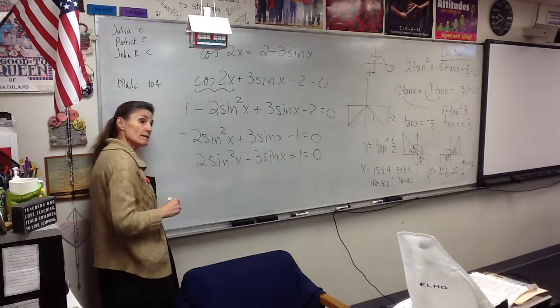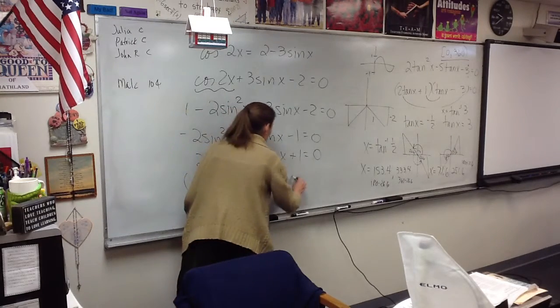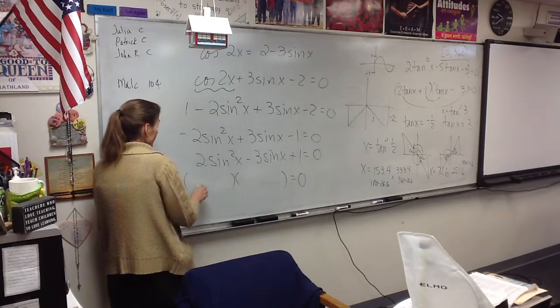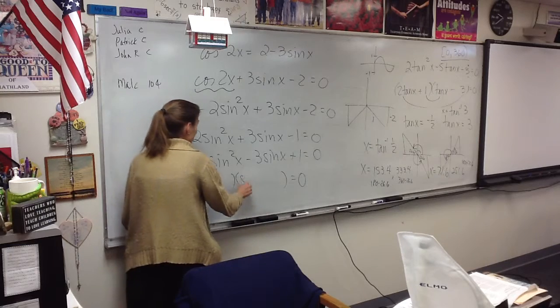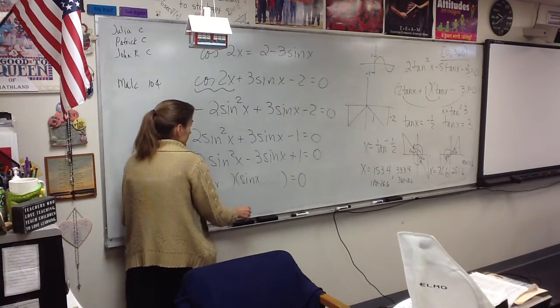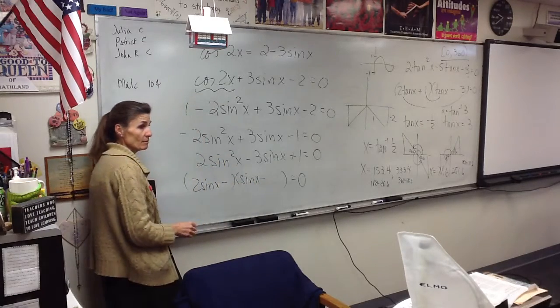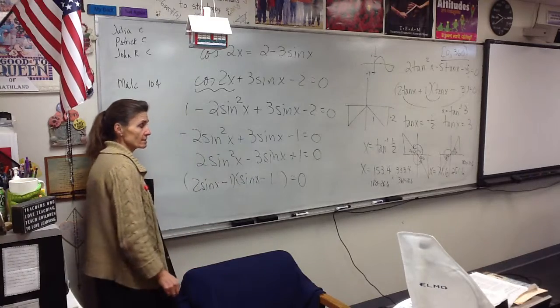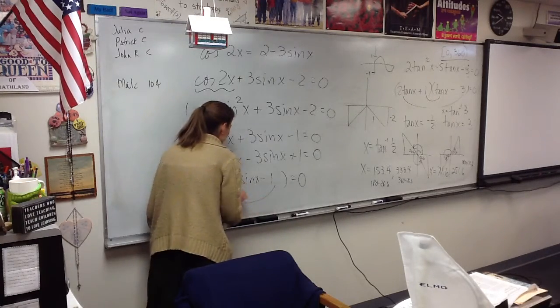Does it look now like the other ones looked? How does it factor? You need a 2 sine squared, so you need a 2 sine and a sine. Now wait, that's a plus 1 on the end, so doesn't that mean both signs have to be negative? And it's a 1. There aren't any choices. It's got to be 1 times 1. Do outsides and insides.